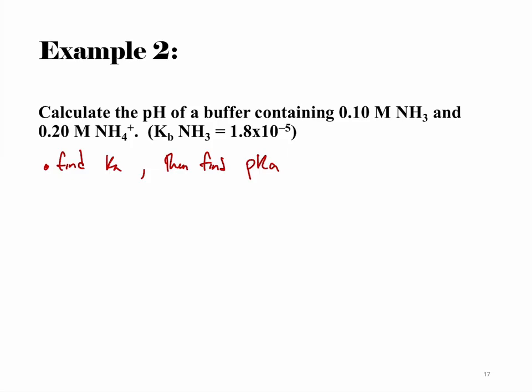Do we have everything else we need in the Henderson-Hasselbalch equation? We have pH equals pKa plus logarithm A minus over HA. Is everything else given to us?